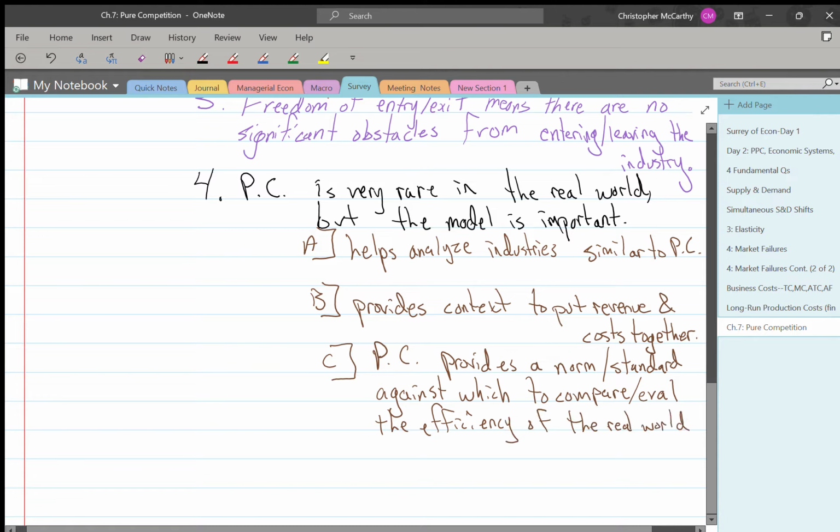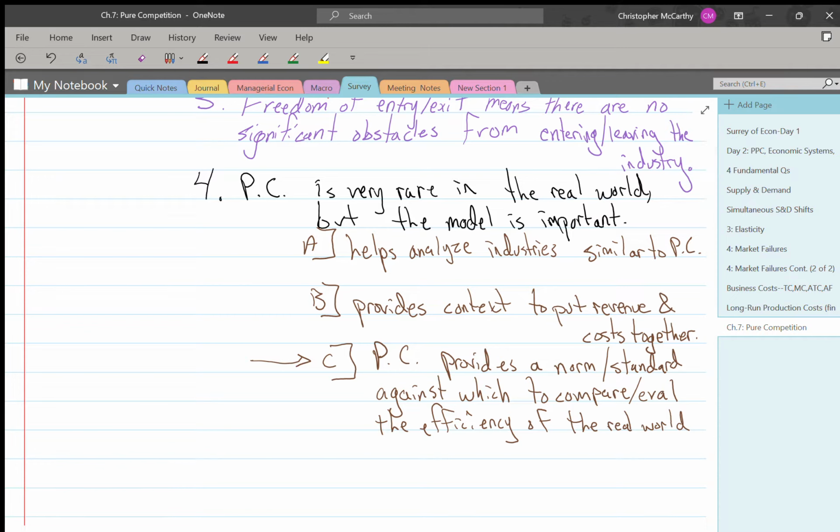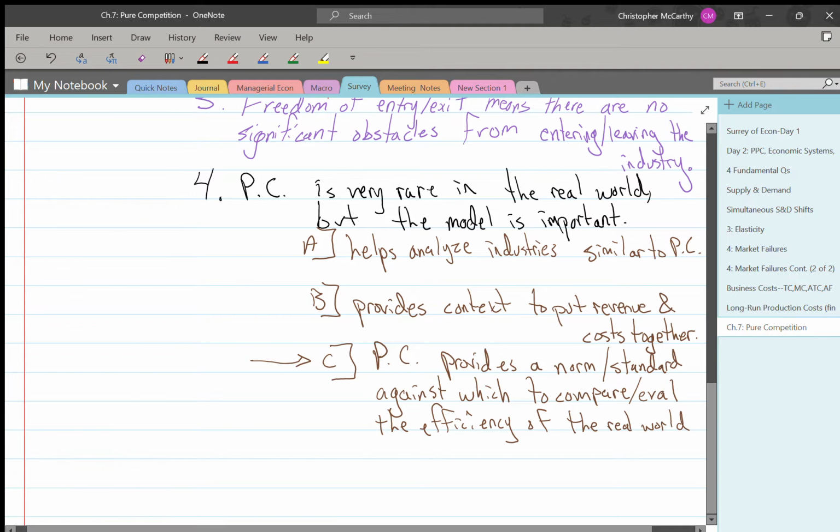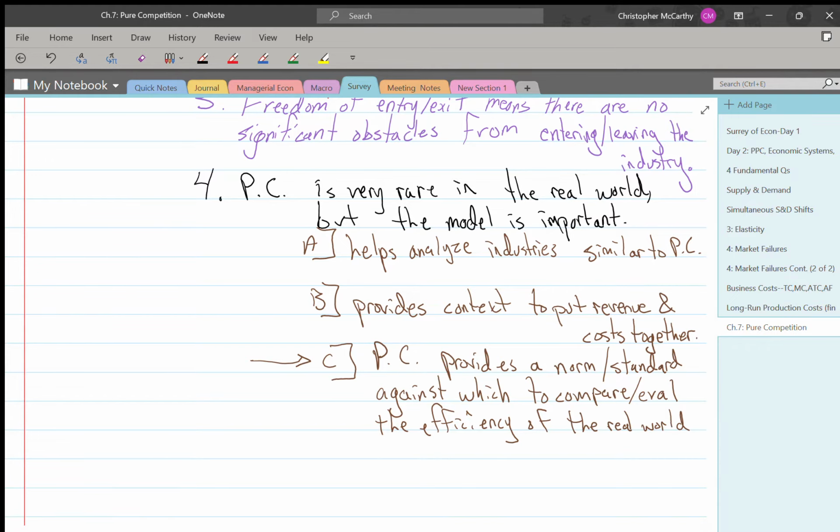So this last point here is not really going to become apparent till we get to the model and see what happens in the long run, as firms enter and exit the industry, and how that impacts the individual decisions to shut down or not. So we've got 4 major objectives. We're going to examine demand from the seller's perspective, see how they respond to market price, look at the long run objectives, and then evaluate the efficiency of those competitive industries. So let's go ahead and jump right in.